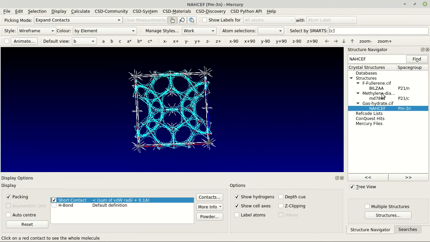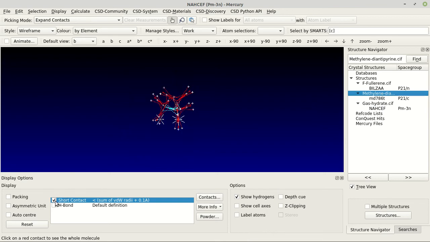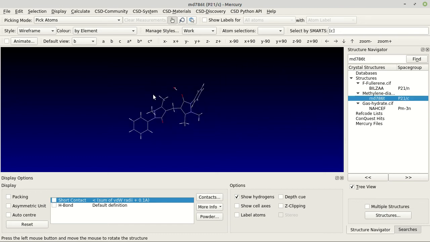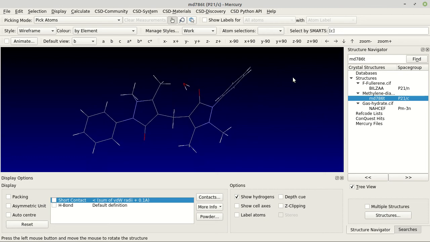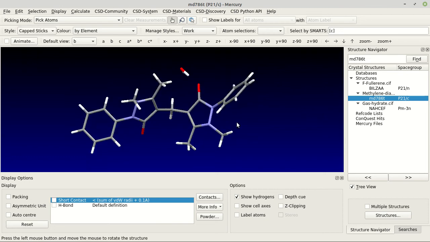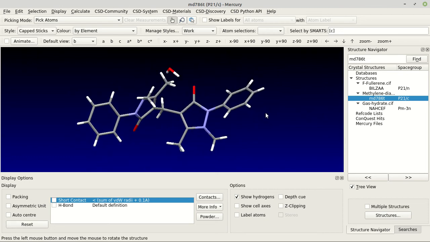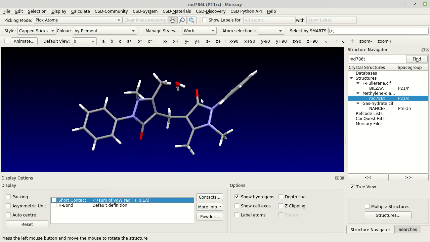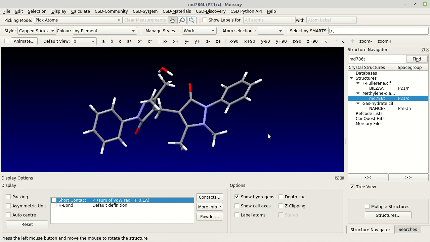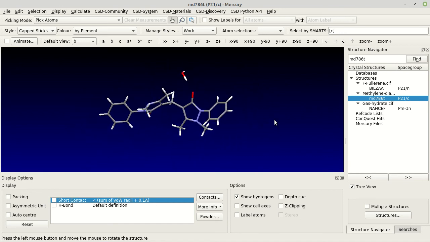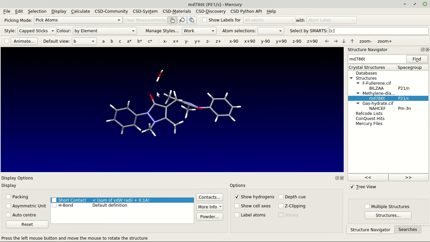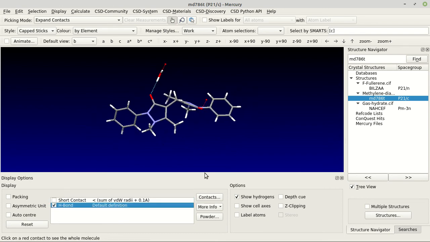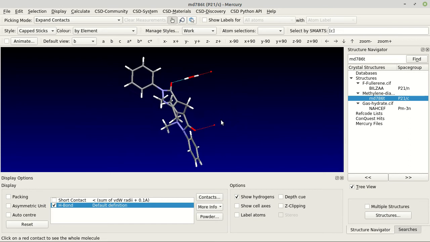Have a look here. Wait, going back. This is a molecular structure. And we see here we have a backbone, here an aromatic backbone. We have a CO double bond here, a CO double bond here. Well, and this compound is stabilized by interaction with water. Yeah, this is a water molecule, see it here.